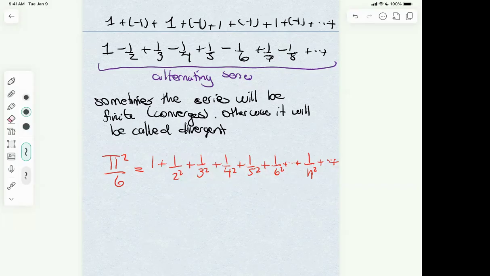You could even write this as 1 over 1 squared to make the formula look identical in every step. And supposedly that should give you pi squared over 6. Of course we are not going to prove this, it's actually a difficult thing to prove, but I'm just saying you can end up finding very weird formulas that you wouldn't have imagined you could find.